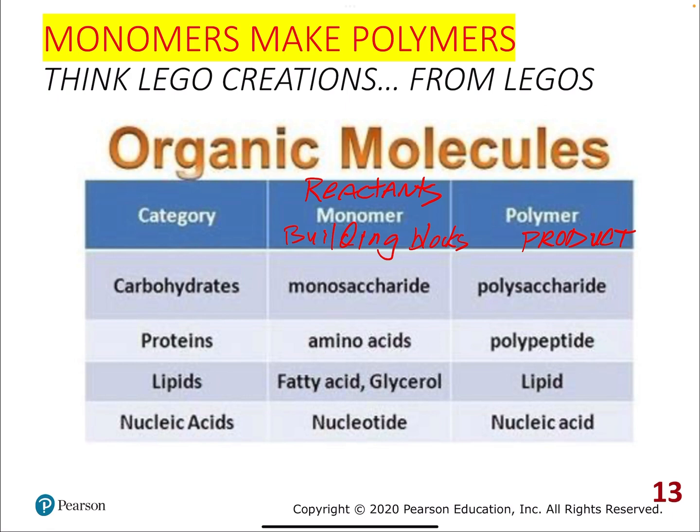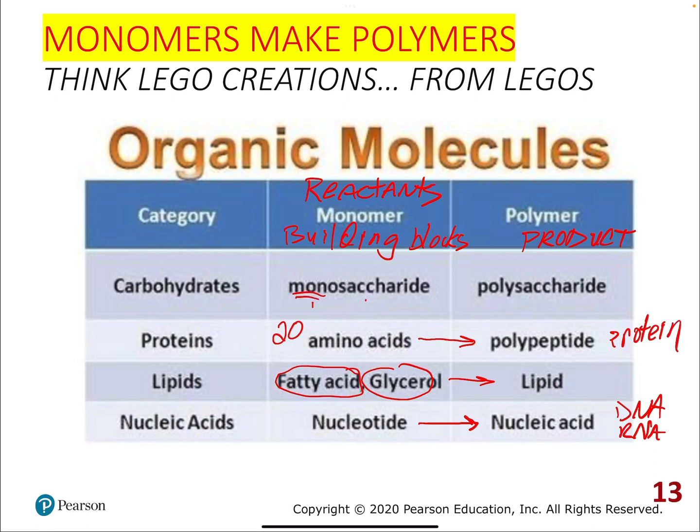So nucleotides come together and they make nucleic acids, which are DNA and RNA. The building blocks of fats are these two molecules, fatty acid and glycerol, and they make a fat for energy storage. There are 20 amino acids in many different combinations. These monomers are going to make a polymer called a polypeptide, which is another name for a protein.